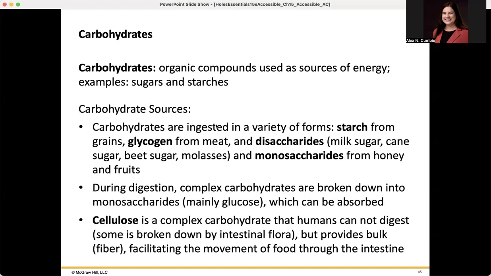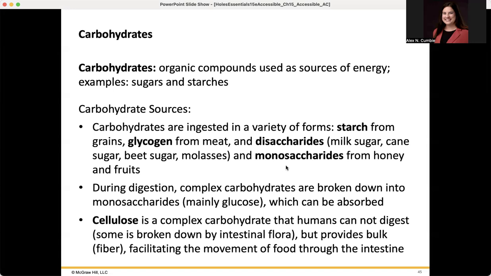Let's start with our macronutrients, like carbohydrates. These are organic compounds used as sources of energy, and carbohydrates are essentially just sugars. Starches fall into that category as well. Typically, we separate carbohydrates into monosaccharides, disaccharides, and polysaccharides.